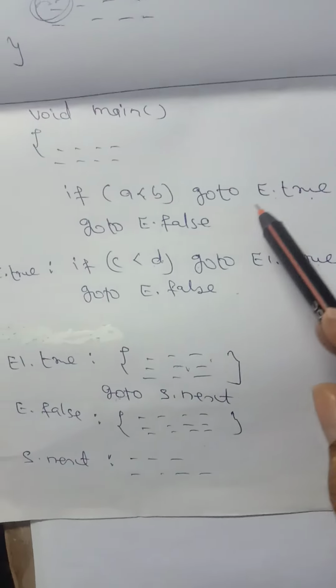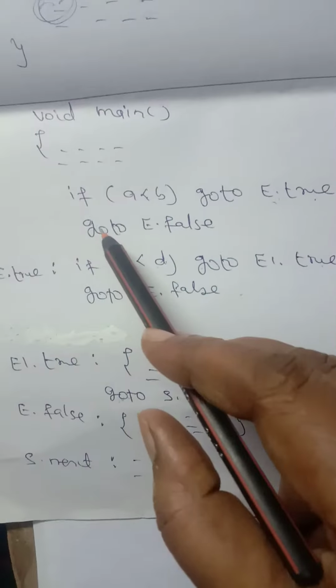Suppose the condition fails, then we have to execute E dot false, which is the else part. Suppose the first condition is true but the second condition is false, then we again execute E dot false. So this is the output of the syntax directed translation scheme for Boolean operation.